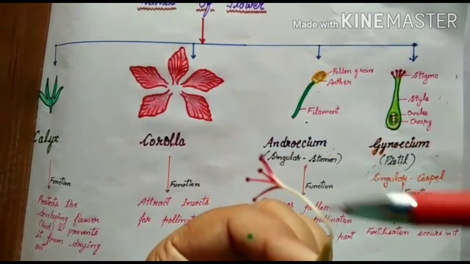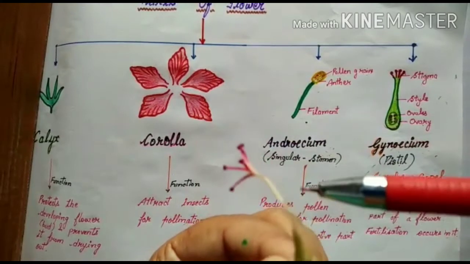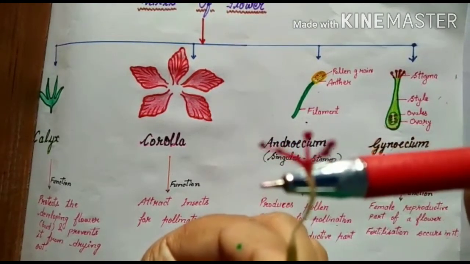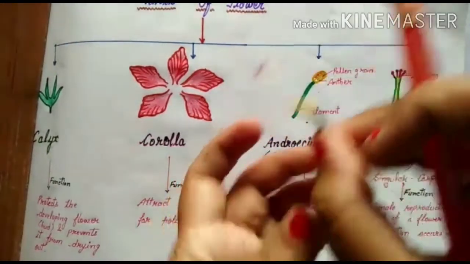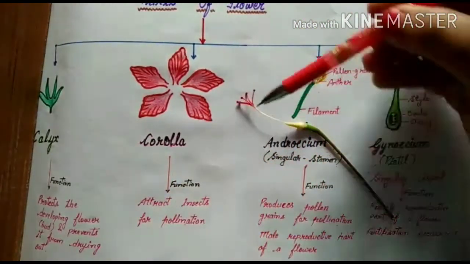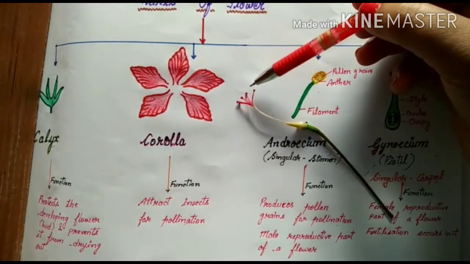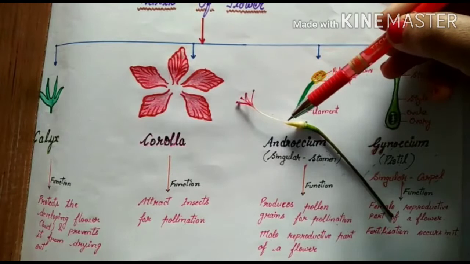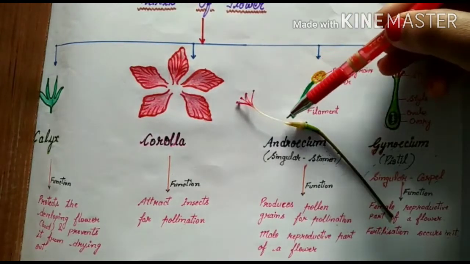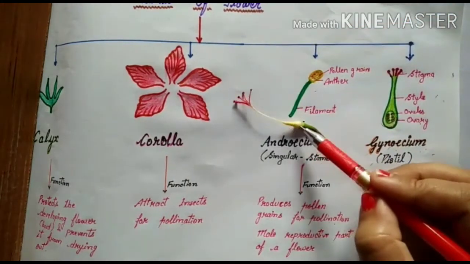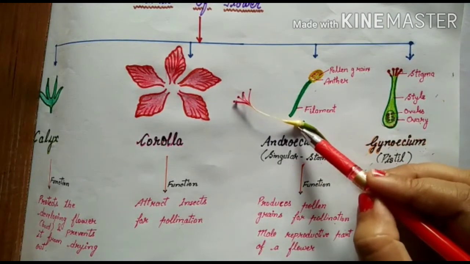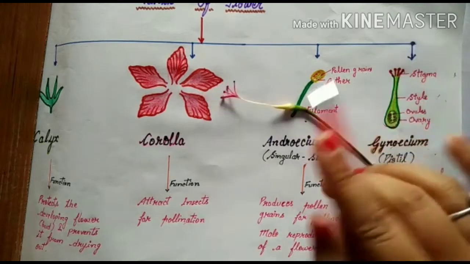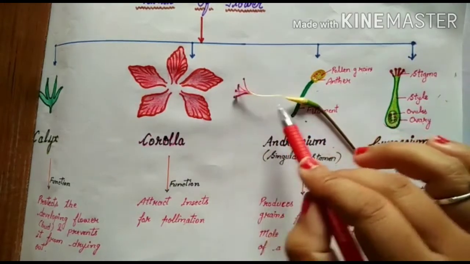This cylindrical part is called style and the uppermost part is called stigma, which is sticky. The swollen part is known as ovary, which contains ovules. So it is the female reproductive part of a flower.